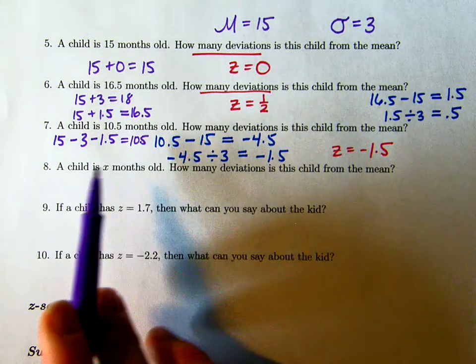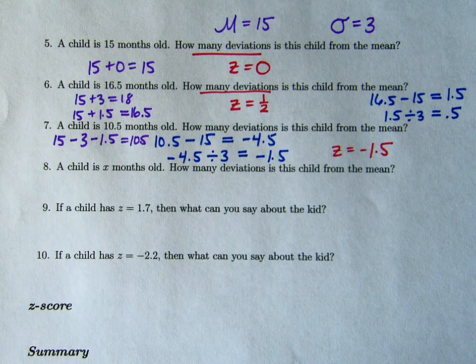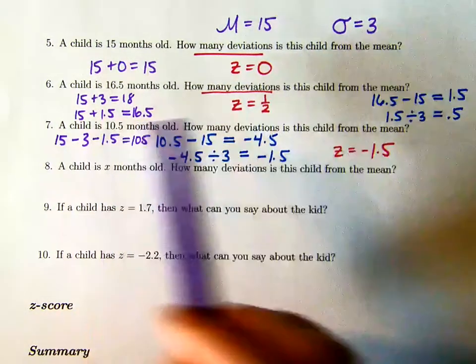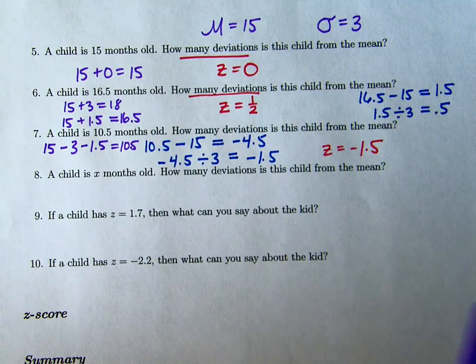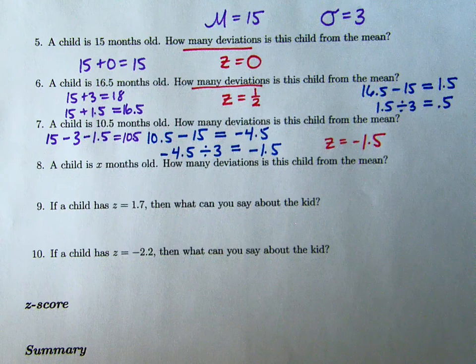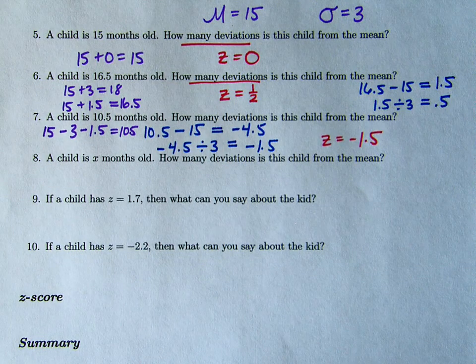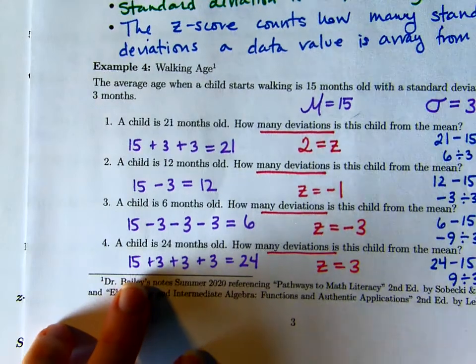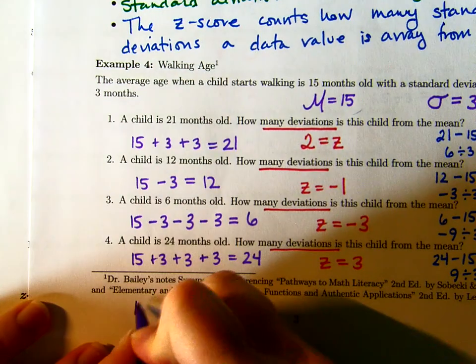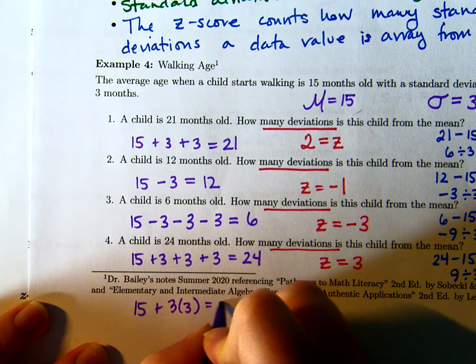Ooh, if a child is X months old, how many deviations are they? Well, okay, if we look at it purple style, it's almost like something like this would read 15 plus 3 sets of 3 equals 24.